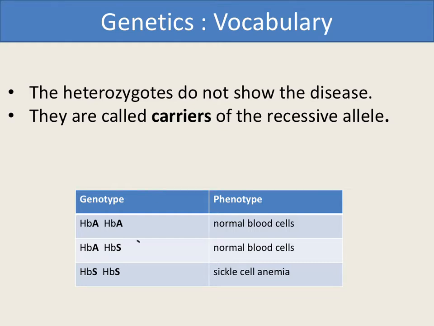In other words, if they mate with someone else, they're a carrier. 50% of the time, they're going to donate a normal HbA allele. And 50% of the time, they're going to donate to the offspring an HbS allele. Okay?